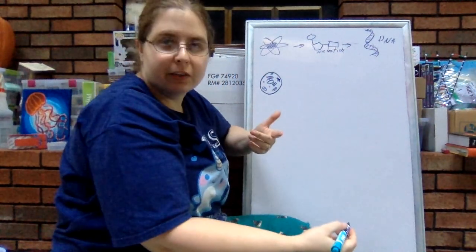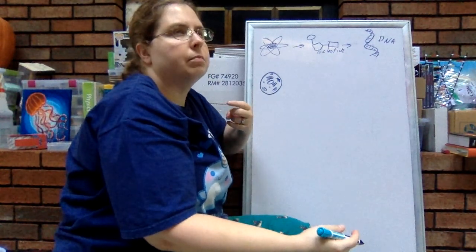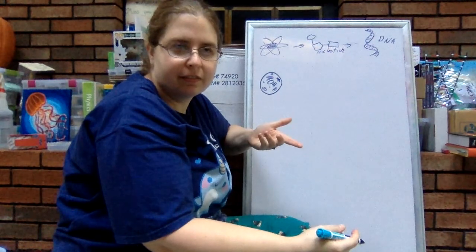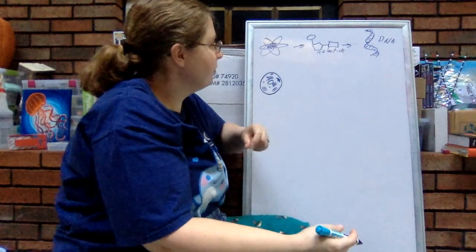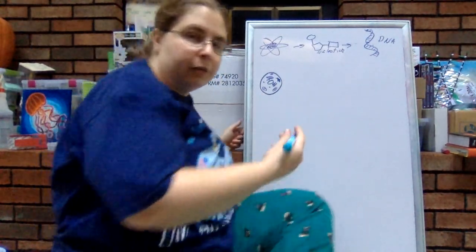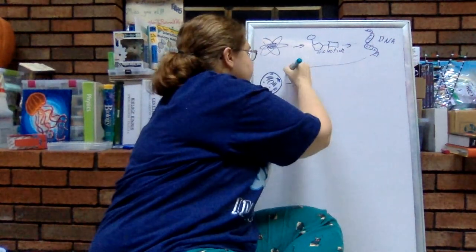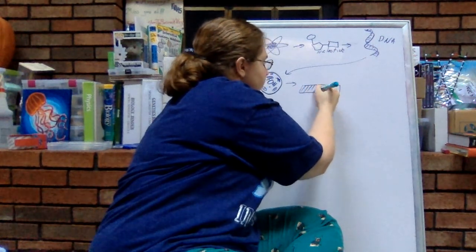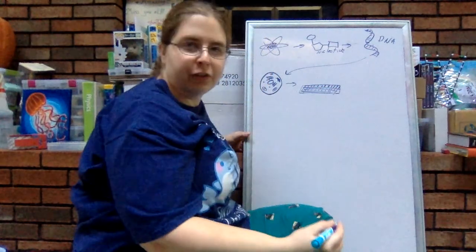So macromolecules like DNA, proteins, lipids, carbohydrates, they all come together to form cells. Cells come together to form tissues.